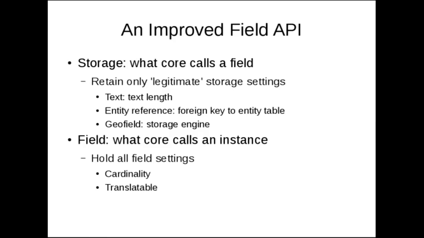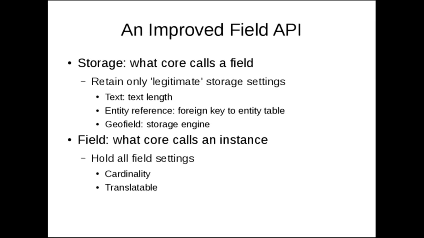So if you're using entity reference to do a taxonomy versus node versus this versus that, you can't combine them. You have to have one for each of those different things you're going to reference, and that's because it's keeping this foreign key in the database. So okay, we'll go with that. It's a legitimate thing. I think GeoField's got some storage engine thing that falls into the same category.